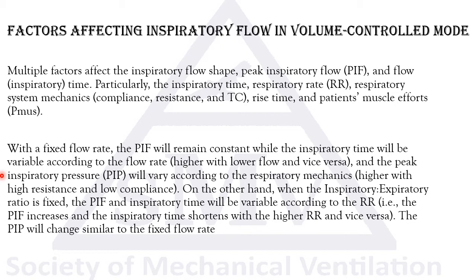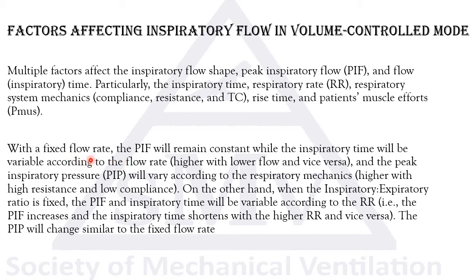So there's two different ways new generation ventilators set the flow. In the classic volume control, the flow rates are fixed, meaning you set it at 40, 50, 60 liters, so every breath will be the same flow rate, although new generation ventilators, mostly the European ones, can set I to E ratio, and so the flow rate will not be fixed.